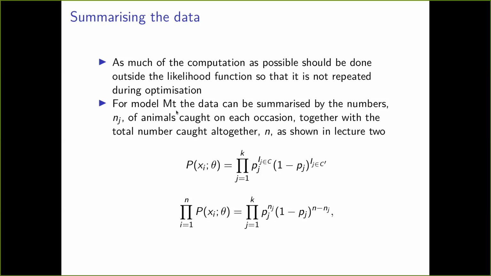For model MT, the data can be summarized by the numbers n sub j of animals caught on each occasion j, together with the total number caught, n. This was actually shown in lecture 2, but this sort of shows you how it works.